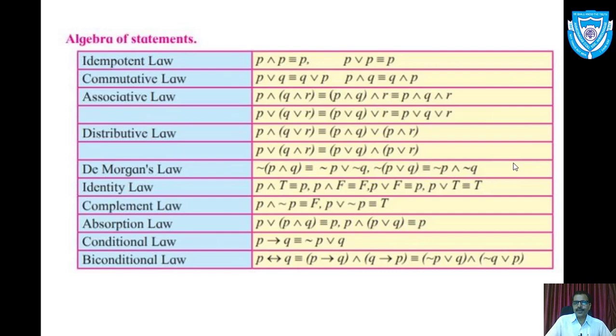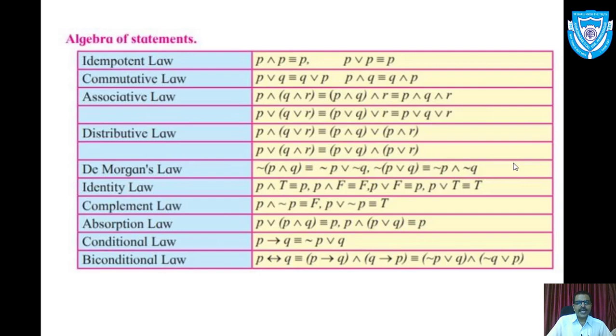Now the first De Morgan's law: negation of (P and Q) is equivalent to negation of P or negation of Q. So the first De Morgan's law suggests that the negation of a conjunction is equivalent to the disjunction of negations. The second De Morgan law: negation of (P or Q) is equivalent to negation of P and negation of Q.